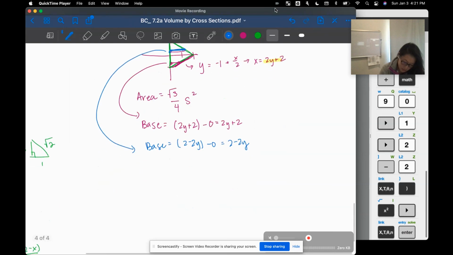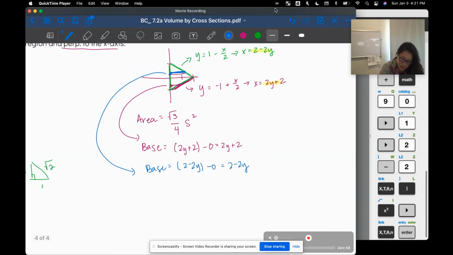All right, so we're going to have to make two integrals. The lowest part that I need to build a triangle out of is when y is equal to -1. So my lower bound is -1. My upper bound for the bottom part is 0.